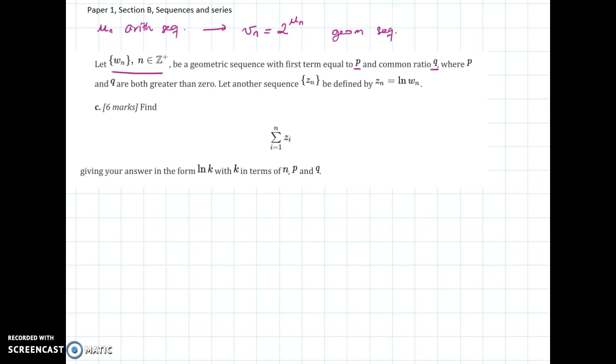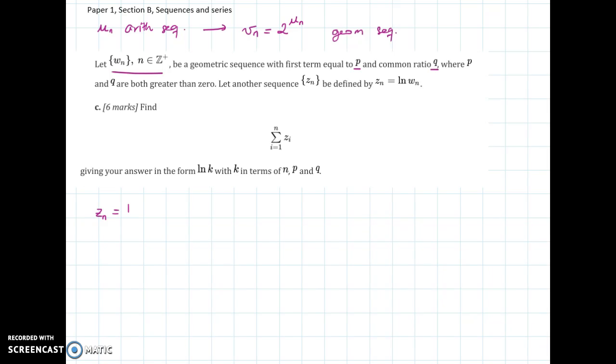What we want to find is the nth partial sum of this new sequence, and our answer is going to be of the form logarithm of k, where k is in terms of n, the point up to where we are summing, p, the first term, and q, the common ratio. The question doesn't ask for it specifically, but we need to see what kind of sequence Zn is, so we figure out how to sum it.